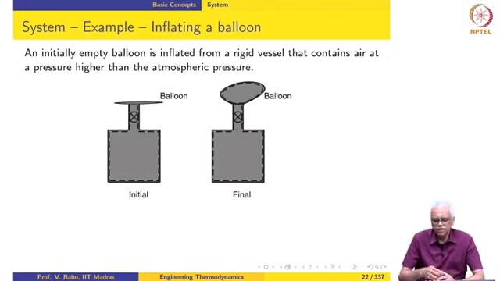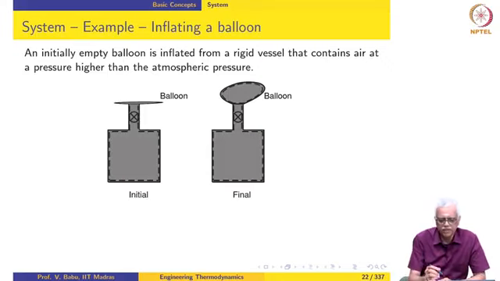So here we can see again the dashed line shows the system. You can see that initially the balloon is empty, so the dashed line contains the vessel plus the empty balloon, and as the balloon expands you can see that this part of the system boundary also expands along with the balloon to enclose always the same amount of mass.